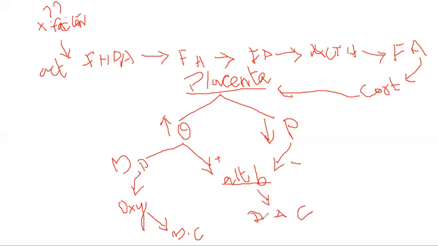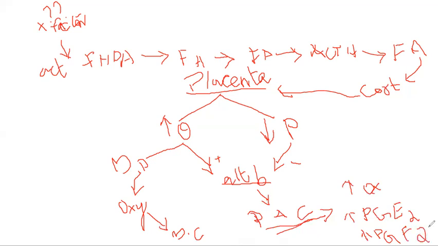So when the placenta, amnion and chorion are altered, all these things will lead to increased oxytocin level, and also increase the prostaglandin E2 receptors, as well as the prostaglandin F2 alpha receptors.